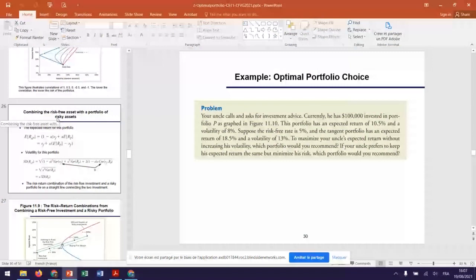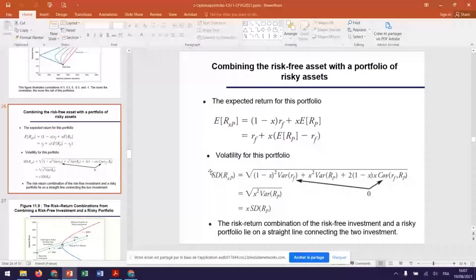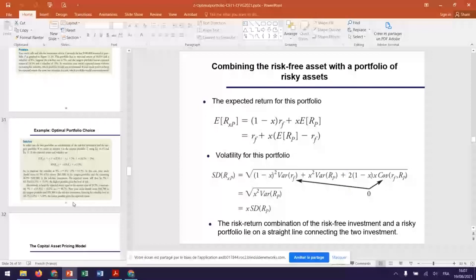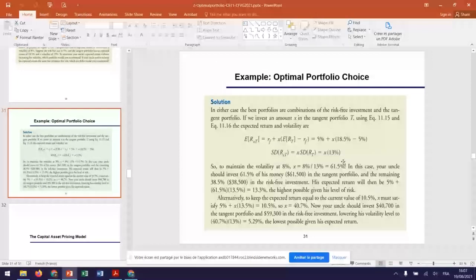So to be able to do so, it's very simple. I can just apply this formula. Since I have formula 1, which is this one, and formula 2, I can start with formula number 2, where I get X equal to maintain volatility of 8%. It means I'm going to put 61.5% to invest in the T, and the remaining of my investment to the risk-free.